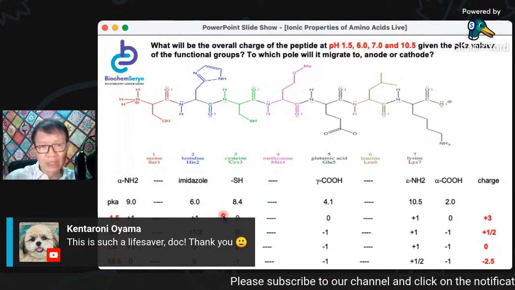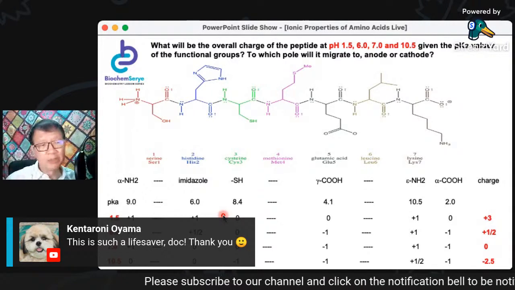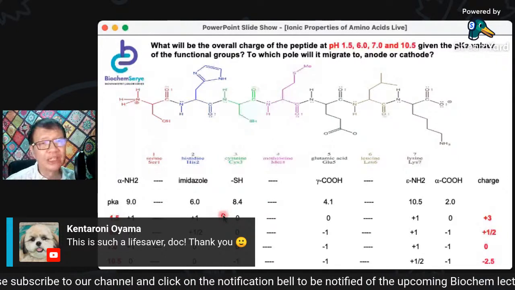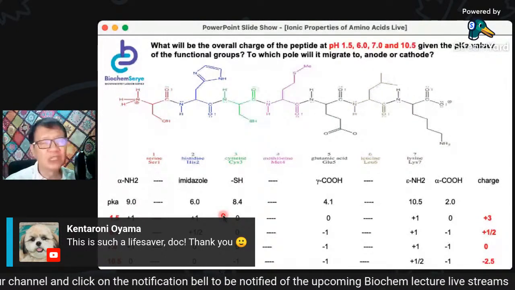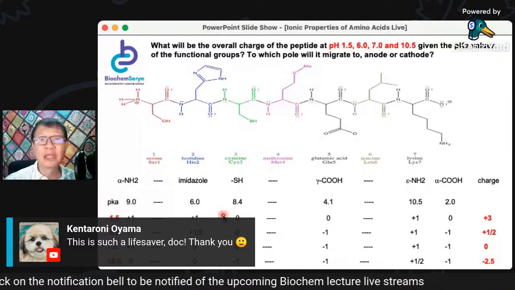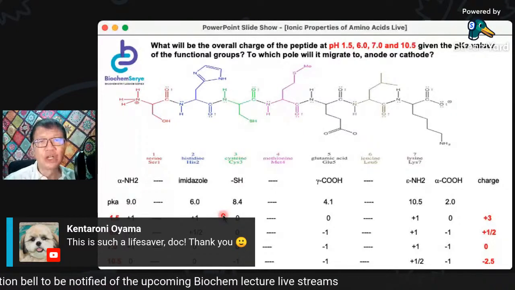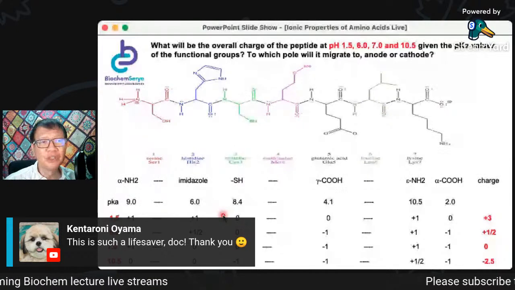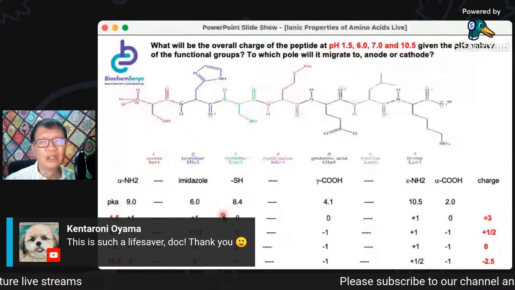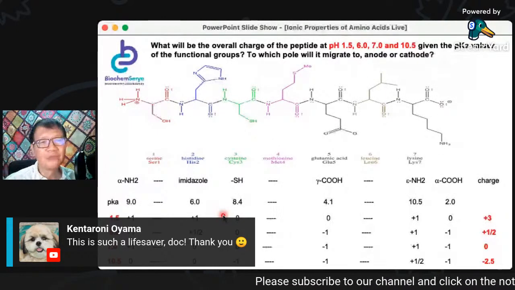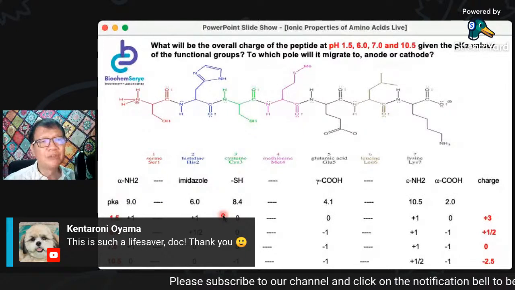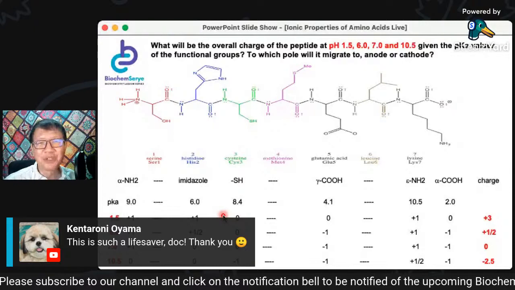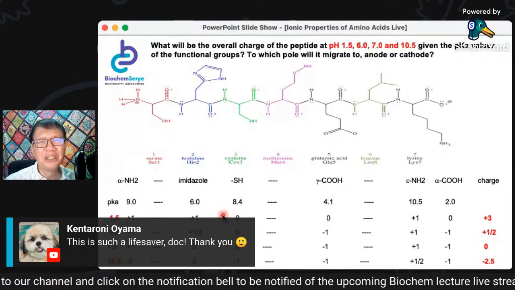Not for the whole peptide, it might be complicated, but for the functional group of the acidic amino acids, for example your beta carboxyl, your gamma carboxyl, your sulfhydryl, your phenyl hydroxyl, if the pH corresponds to their pKa, the charge for that functional group will be negative one half.